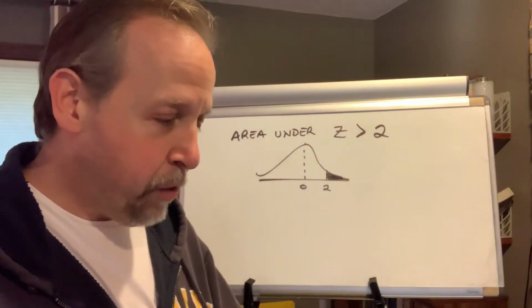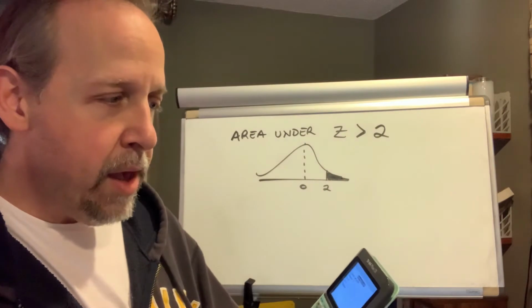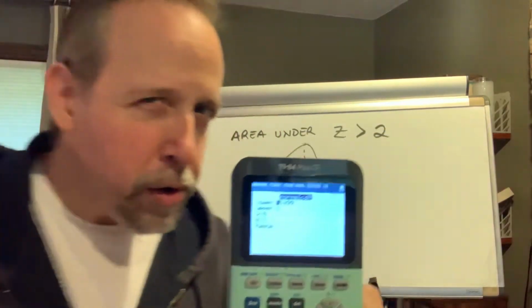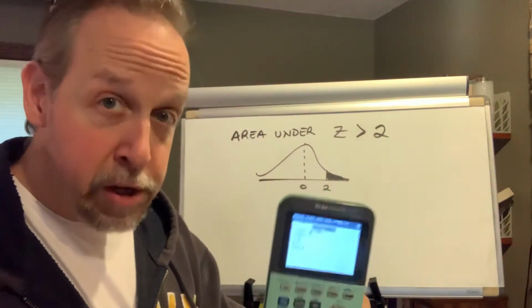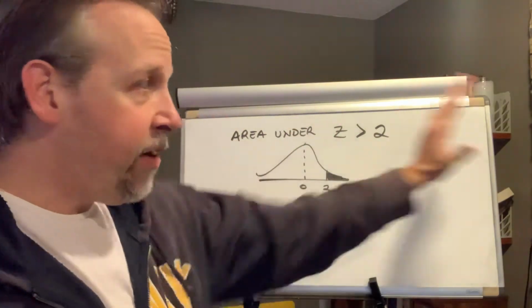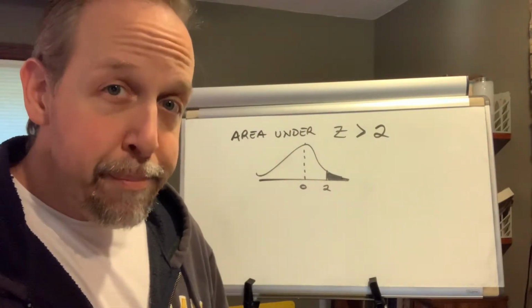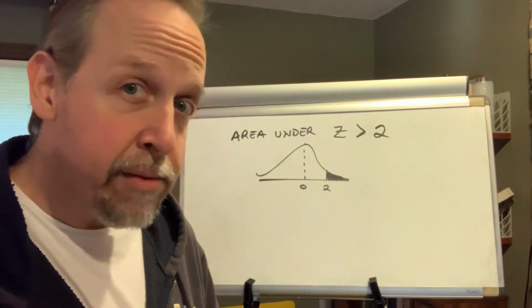All we have to do is go back to normalcdf, so second vars 2. My lower boundary is no longer a negative infinite bound, it's the number 2. My upper boundary is a positive infinite bound, so what number am I going to type in there? Positive 10,000.